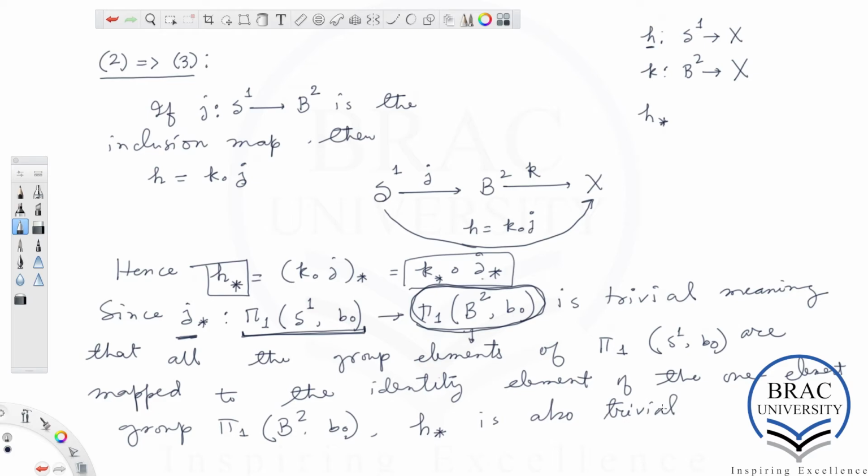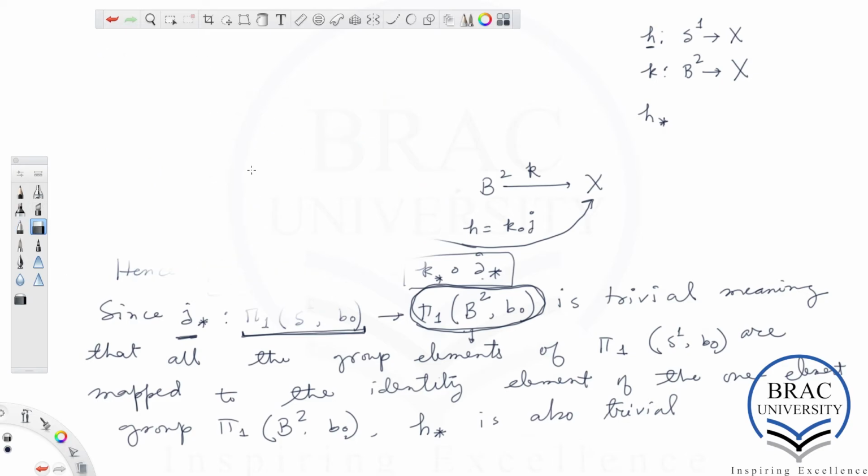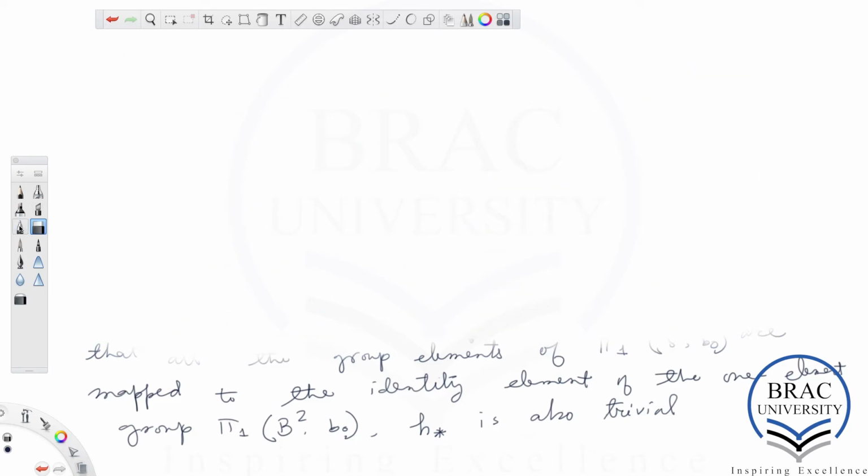What does it mean? So H was this continuous map from S1 to X, and H star, from pi 1 S1 comma B0 to pi 1 X comma X0, is the induced homomorphism.